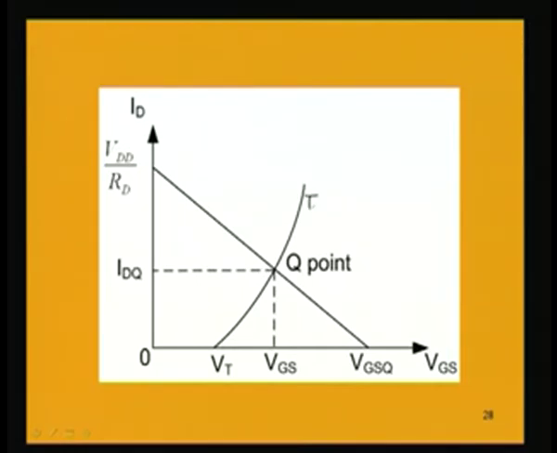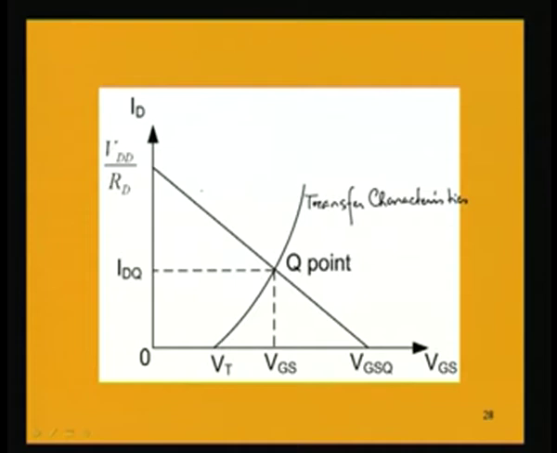This is the transfer characteristic, and this straight line is the straight line for the circuit, that is, it is describing the network or the circuit.